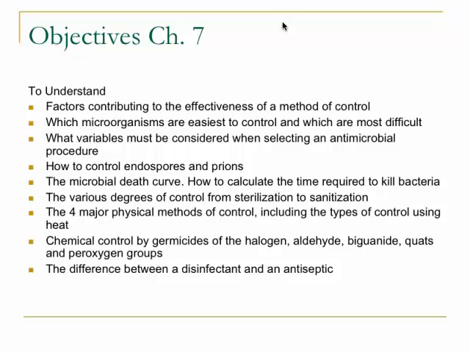We don't have to sterilize our food. We just have to reduce the number of microorganisms so that it's safe for us to consume. And so there are different degrees of control, all the way from not any specific means of control, just cleaning that area, but no measurable means of control, as far as sanitizing versus 100% of the microbes removed in the case of sterilizing.